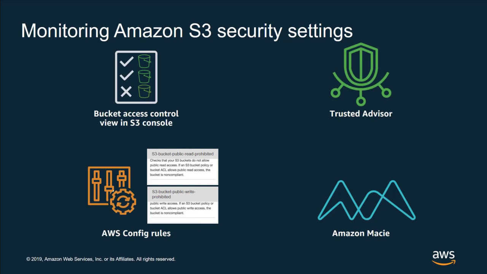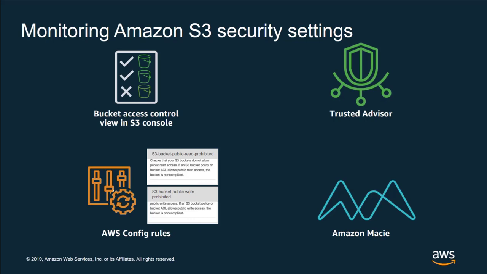For example, we've created two new AWS Config rules: S3 bucket public read prohibited and S3 bucket public write prohibited. AWS Config will help you identify which of your buckets do not comply with your corporate standards. It's a very effective tool.